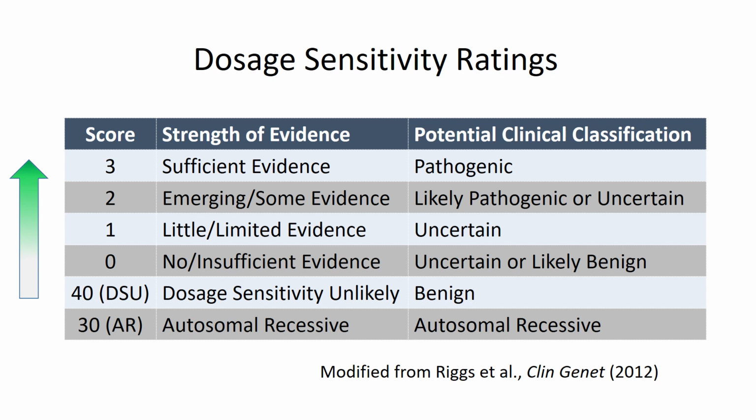A 0 score indicates that either no evidence exists or that evidence available is insufficient. And finally, the dosage sensitivity unlikely category indicates genes and regions for which there is evidence refuting dosage sensitivity. We also have a ranking for genes with autosomal recessive inheritance patterns.